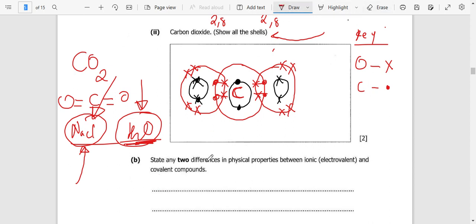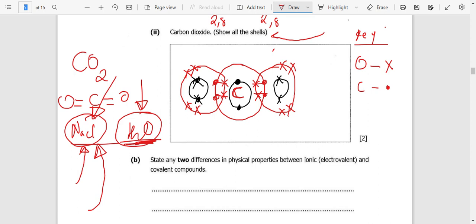Another thing, we talk about the way they conduct electricity. Ionic compounds can conduct electricity in molten state. What do we mean by molten state? You need to heat, like the way salt is. I'll give an example of a candle. If you heat a candle, it will melt.